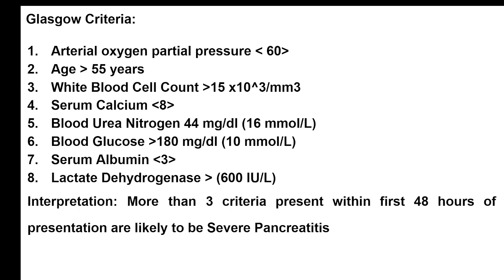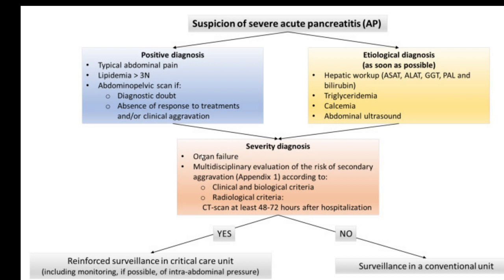So the rule is, once the patient comes in, you have to get these investigations done. Of course, age is not an investigation factor. If the changes occur rapidly, with continuous change every 3 hours, within 48 hours, then there is a possibility that the patient may have severe pancreatitis, and the approach has to be different.